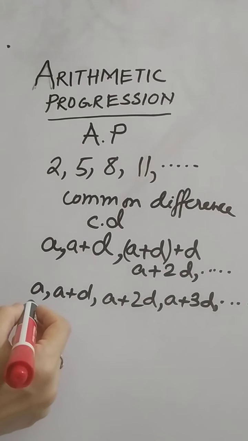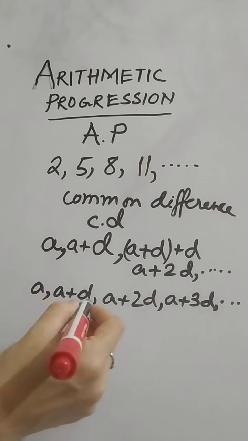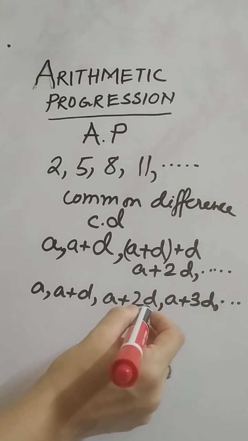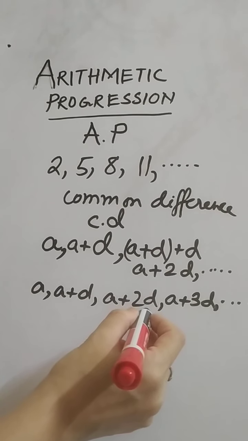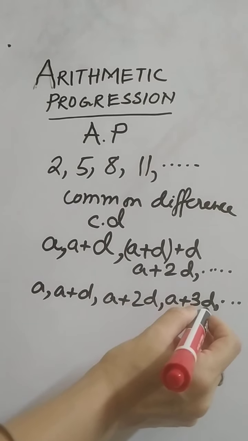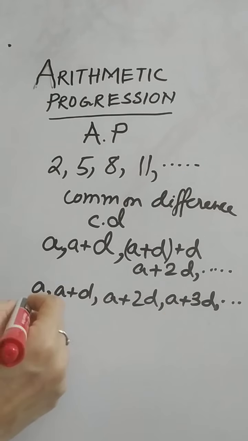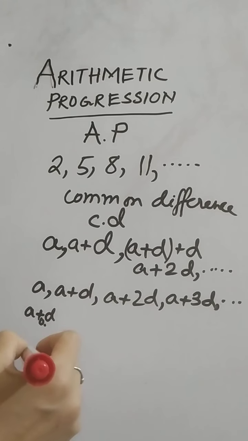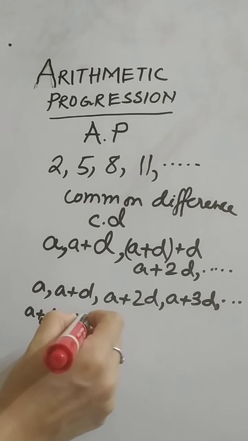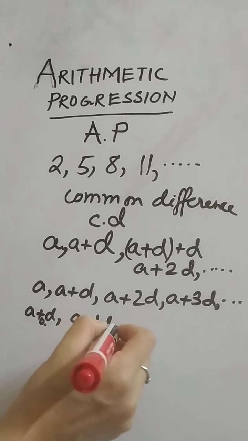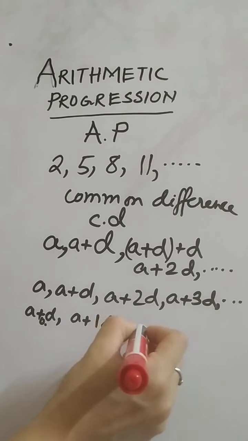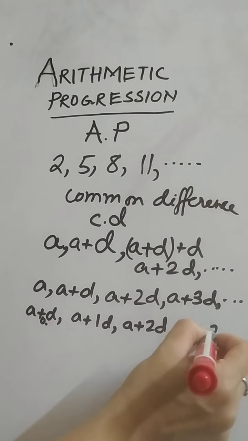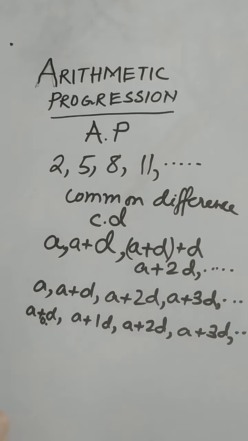Now let us check. A is the first number, A plus D is the second one of the series, A plus 2D is the third term, A plus 3D is the fourth term. So I can write A as A plus 0D, A plus D as A plus 1D, A plus 2D remains A plus 2D, this is A plus 3D and so on.